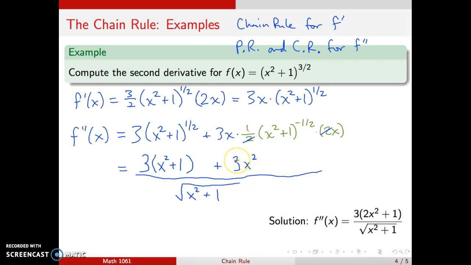So, distribute the 3 through, and you've got 3 times x squared plus 3 plus 3 times x squared, so 6x squared plus 3, and then in the final answer factor the 3 back out. So we do get from here to here with a little quick factoring for that one.